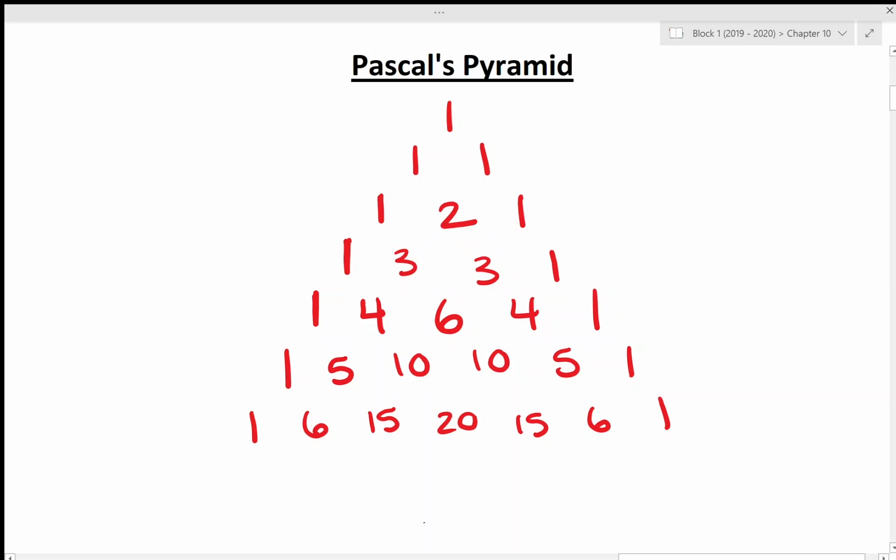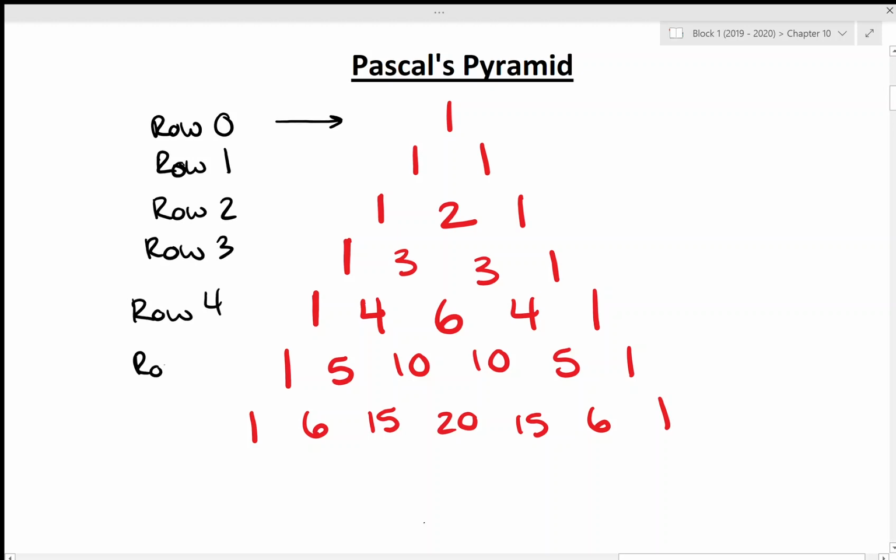Now, how are these numbers my binomial coefficients? Well, think about it this way. This is my 0. I start with row 0. Then row 1, row 2, row 3, row 4, row 5, and row 6.